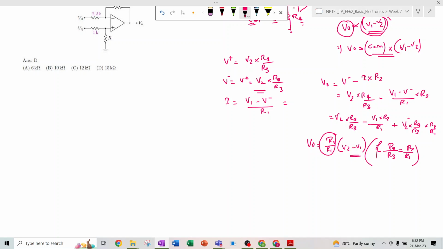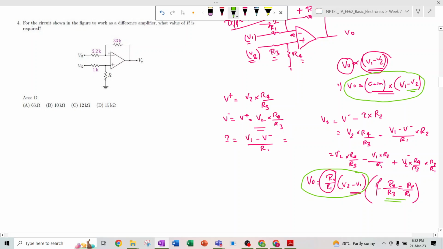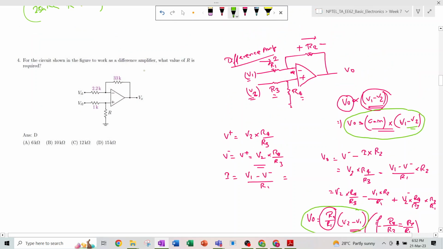As I discussed, VO is gain into V1 minus V2. So if this condition is satisfied, the output voltage is proportional to the difference of the input voltages, and then this can work as a difference amplifier. This is the main concept behind the difference amplifier.